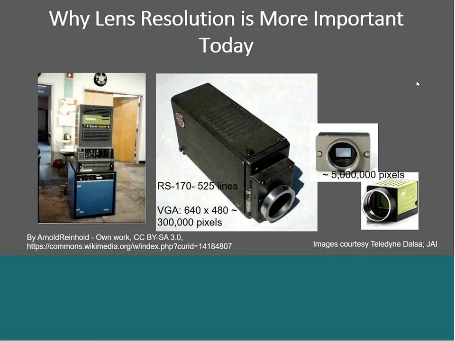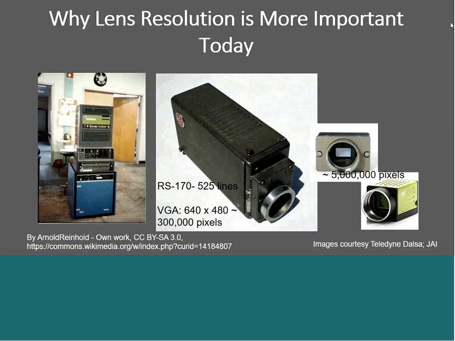So why is it so important today? Remember, the early machine vision systems, they were big and costly. They were low resolution. And that fledgling machine vision industry relied on cameras and lenses that were developed for closed-circuit television. There wasn't anything else.